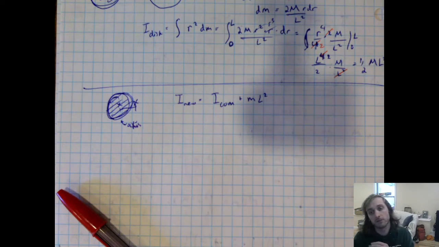So you take the distance you've shifted it away, square it, multiply by the mass, and add that to the moment of inertia from the center of mass.